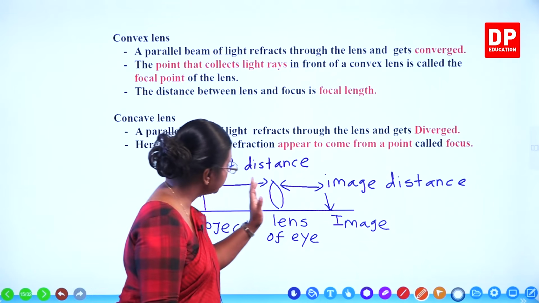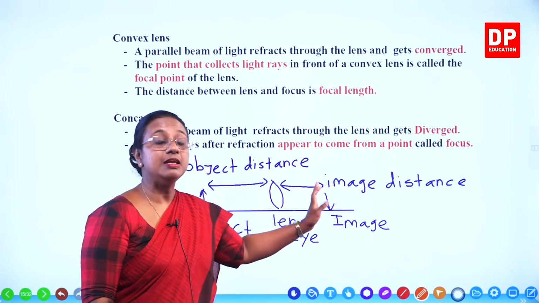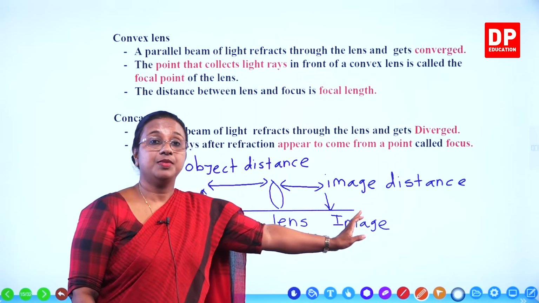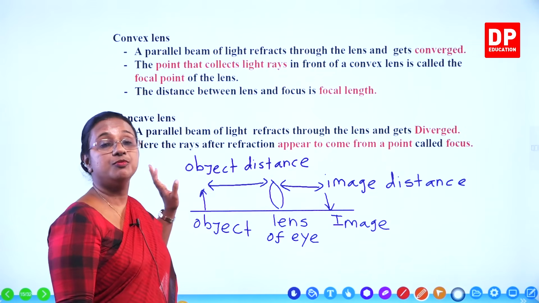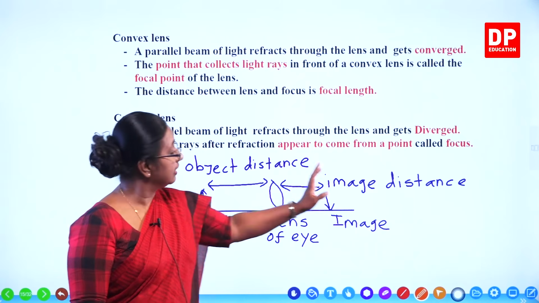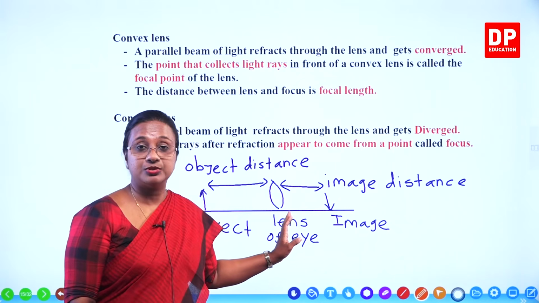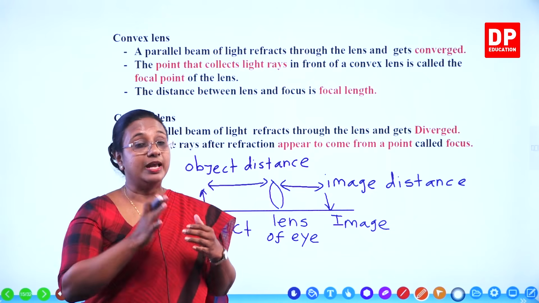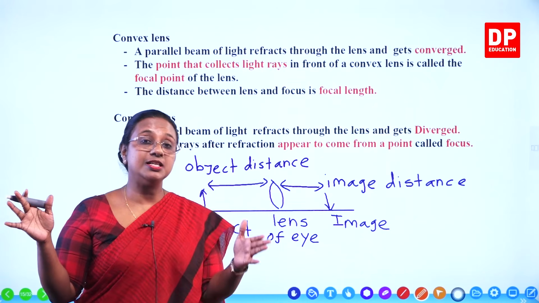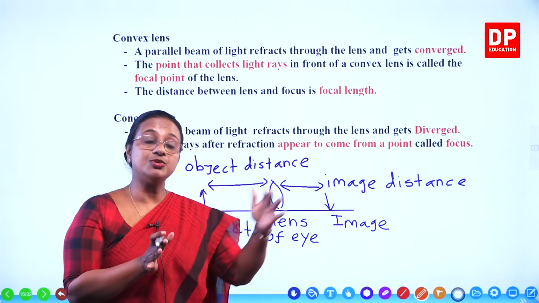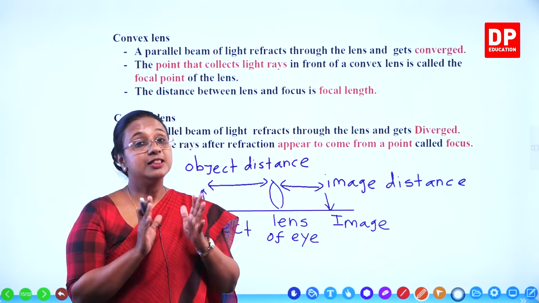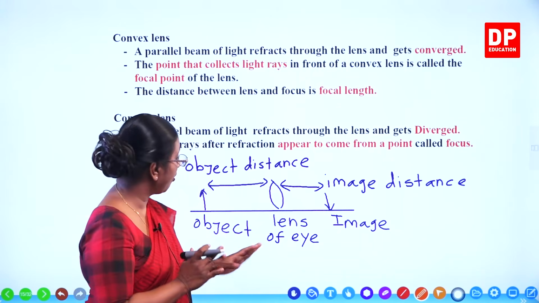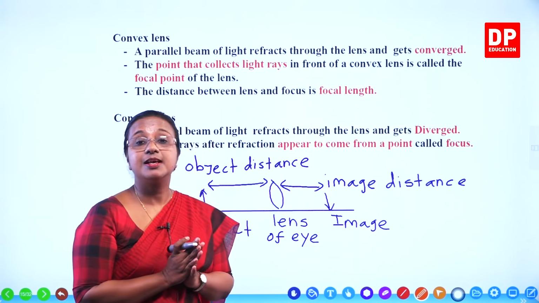Usually when the object is close to the lens, the image will be away. And when the object moves away from the lens, the image will come closer to the lens. So it's like an inverse relationship. When the object is far away, the image is close. When the object is close, the image is far away. That's how an image is formed by a convex lens.